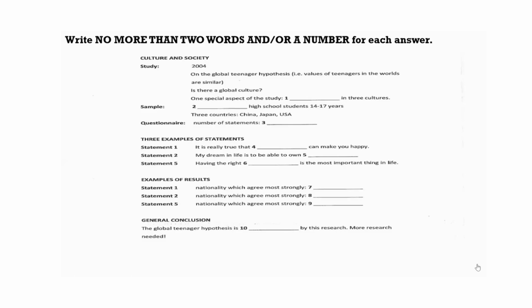This study investigated the subject of materialism in 3 different cultures. It asked if teenagers' attitudes to materialism were similar or different in those 3 different cultures. I'd like to go through the main points of this study because I think it demonstrates the interest and usefulness of this kind of research. The research took a sample of 556 high school students of between 14 and 17 years of age from 3 countries.